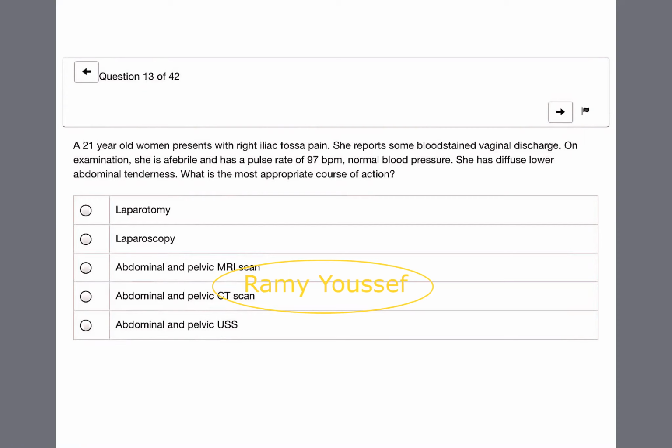Thinking of ectopic also, ectopic for this patient. So what do you think the diagnosis? So, abdominal ultrasound scan. Okay, anyone has a different answer?